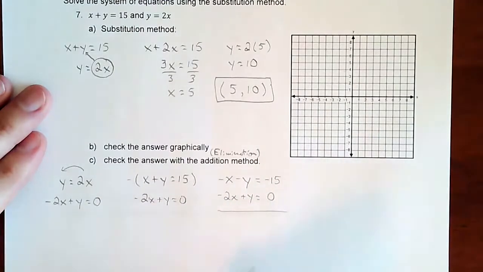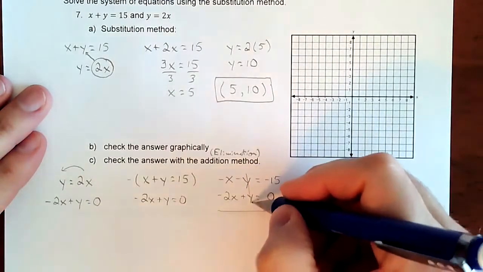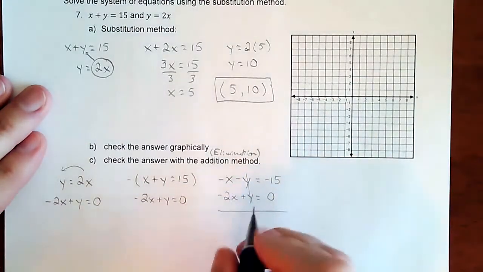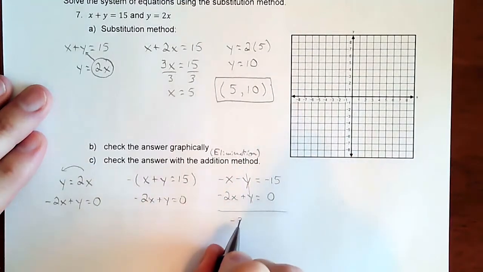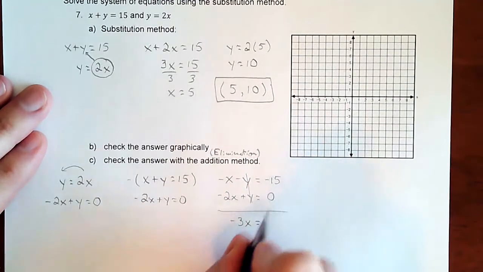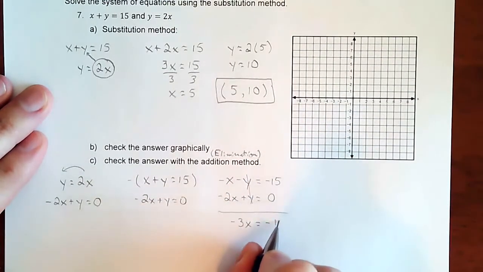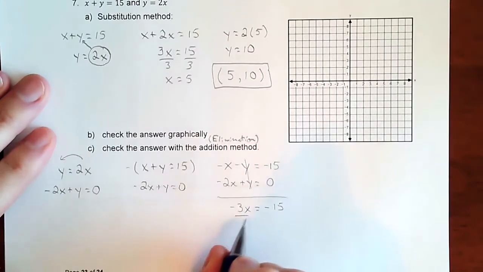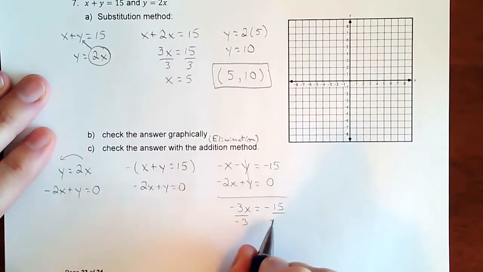Now we'd be ready to combine. The y's cancel each other, which is good. And then the x's make negative 3x, and the numbers make negative 15. We would divide by negative 3 to get x by itself, and x would equal 5.